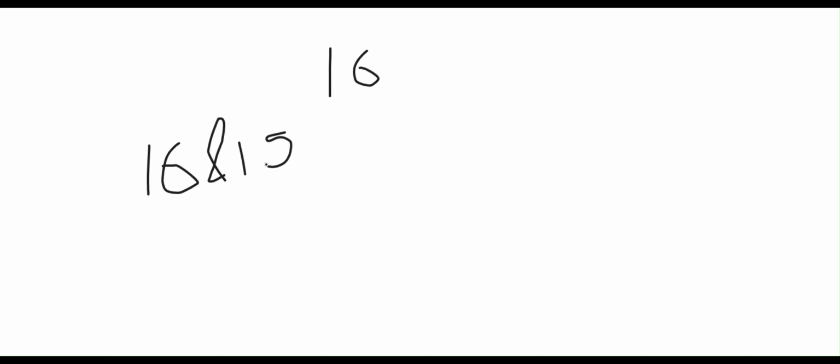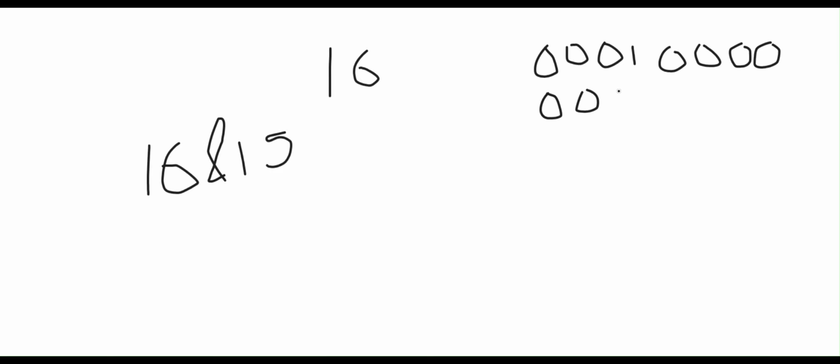Let us again take the binary representation of 16 over here, and if I write the binary representation of 15 over here, it is going to be 1 1 1 1.